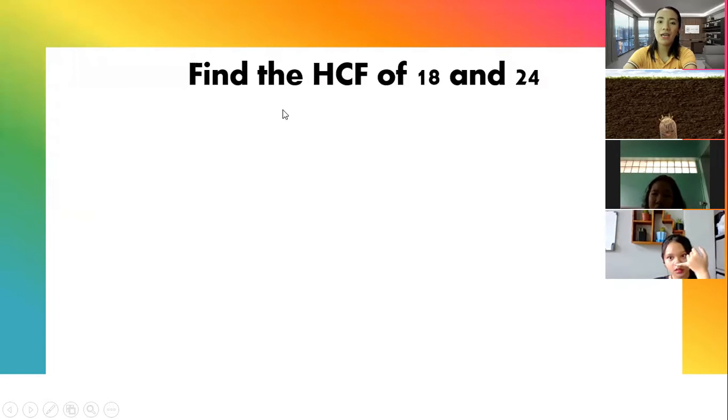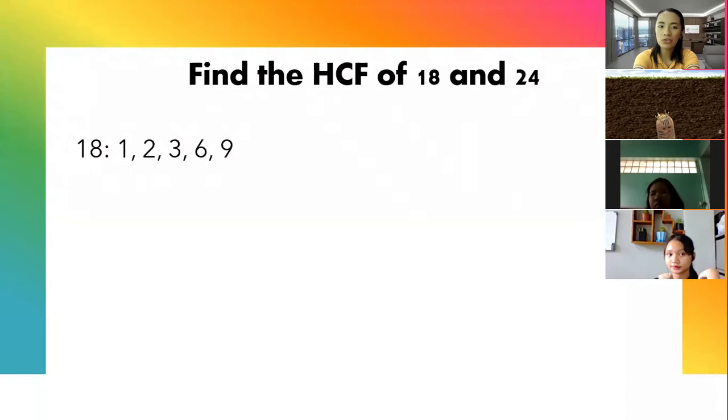It says, find the HCF of 18 and 24. The factors of 18 are 1, 2, 3, 6, and 9.